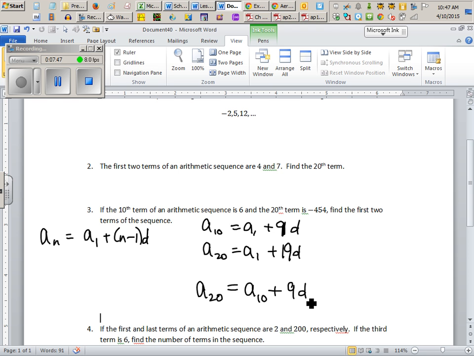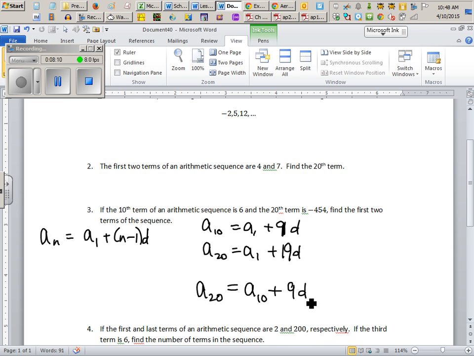How do you move somebody from chair 10 in a classroom to chair 20 in a classroom? How many seats are they moving? 10. Be careful here. When I move a student from the first chair to the 5th chair, that's 4 chairs back.